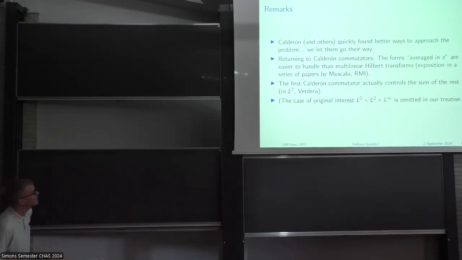There is a nice exposition on this theme in a series of three papers by Camil Muscalu, in Revista Matemática Iberoamericana. So this was the first thing: to do the Calderón thing, you don't need uniform bounds, you could do the average.